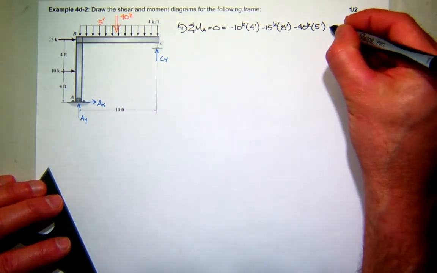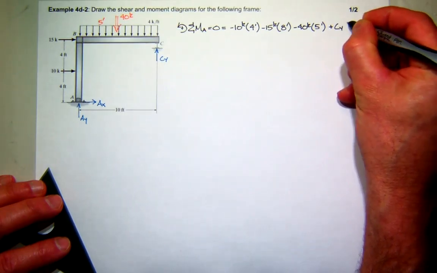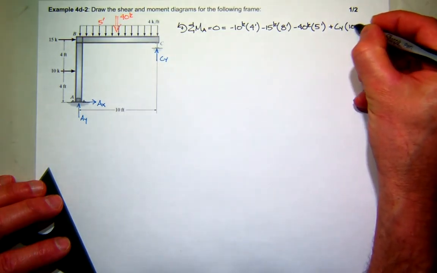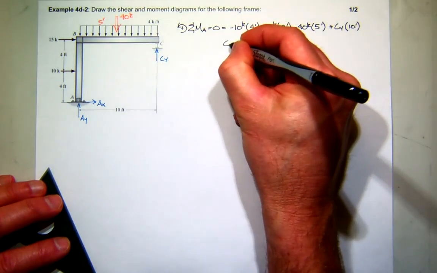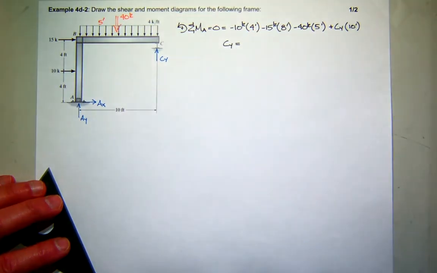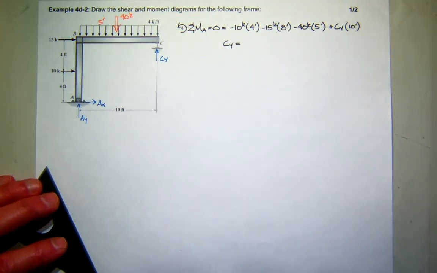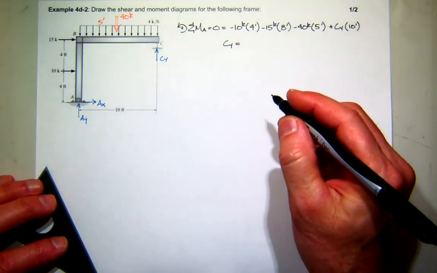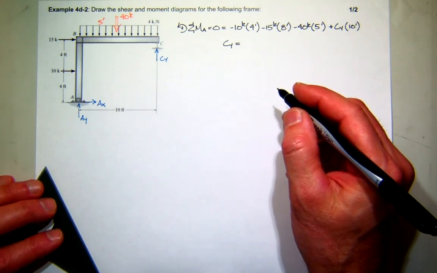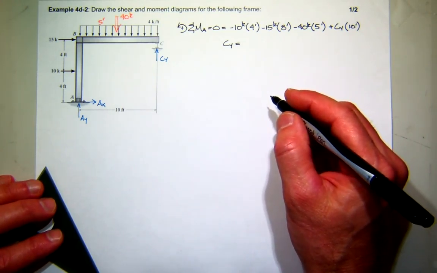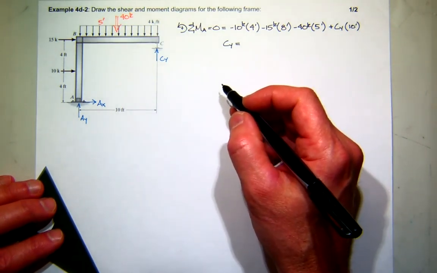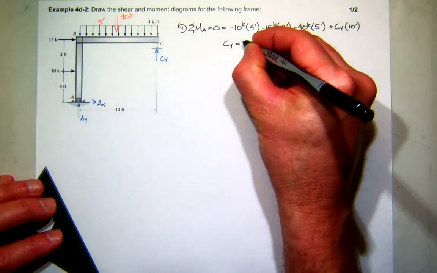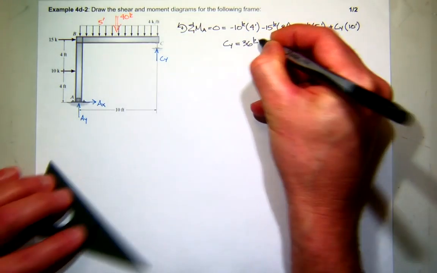Positive. And its moment arm is 10. So what's CY equal to? Somebody calculate that already? 36. Anybody else get 36? Well, we're getting a check on that. 36. Sounds good.